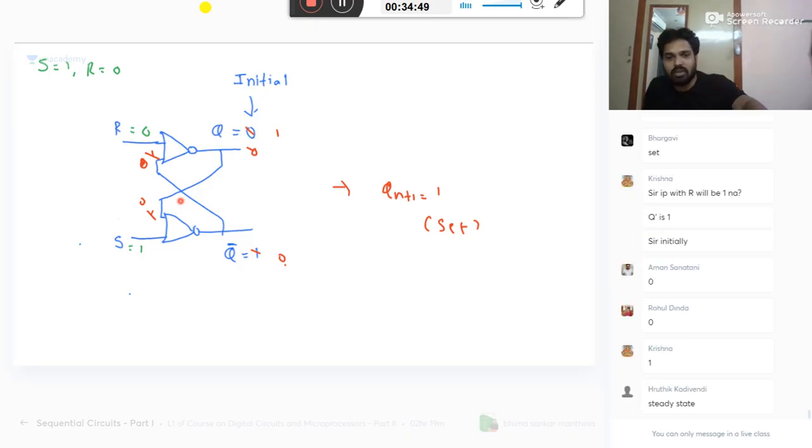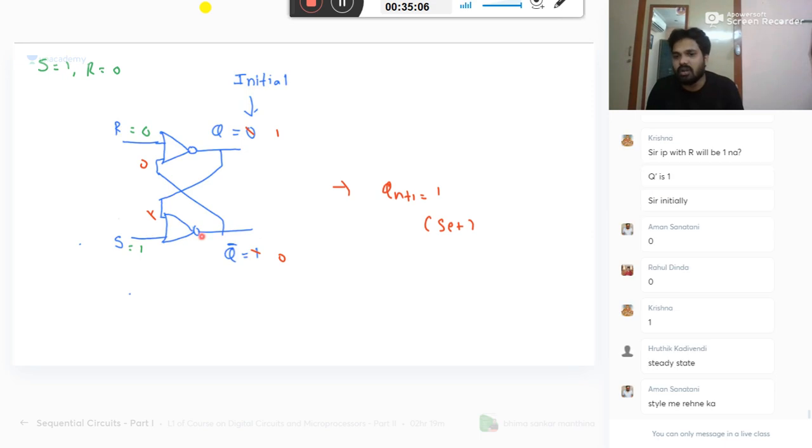So the easiest way to analyze is, when one of the inputs is 1, the other input can be anything. Whatever it is there, finally it should become 0. Maybe initially 1, doesn't matter, but finally it should become 0. Then this 0 will come here. Now whatever may be initially, finally this 0 will come here. Then 0 plus 0 is 0.